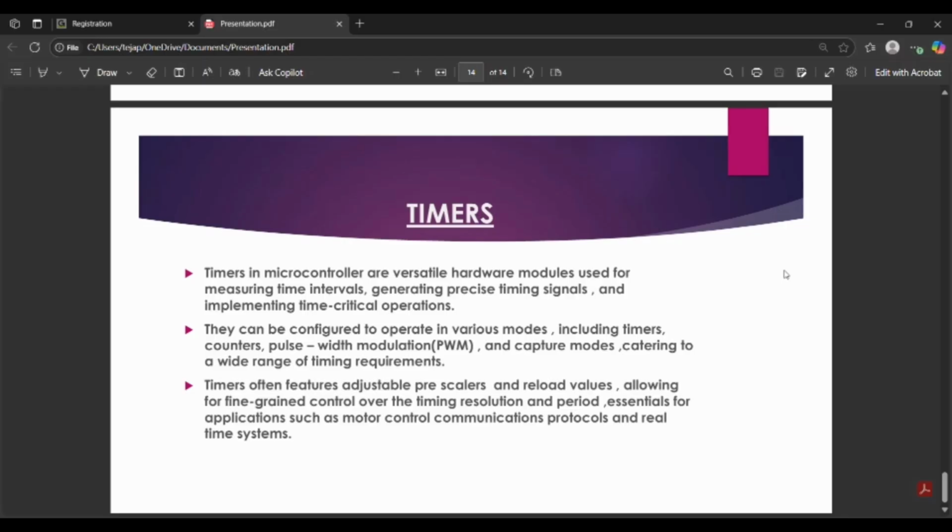Timers are used to measure time intervals, which is useful for sinusoidal signals and rectangular signals, and for generating precise timing signals and implementing time-critical operations. This is all about timers.